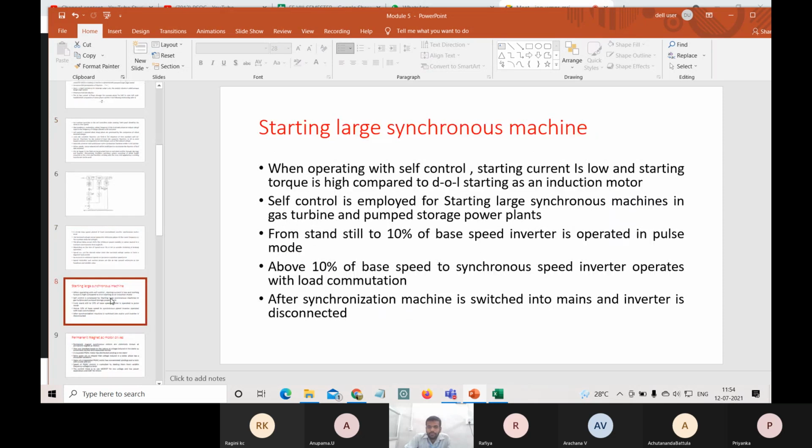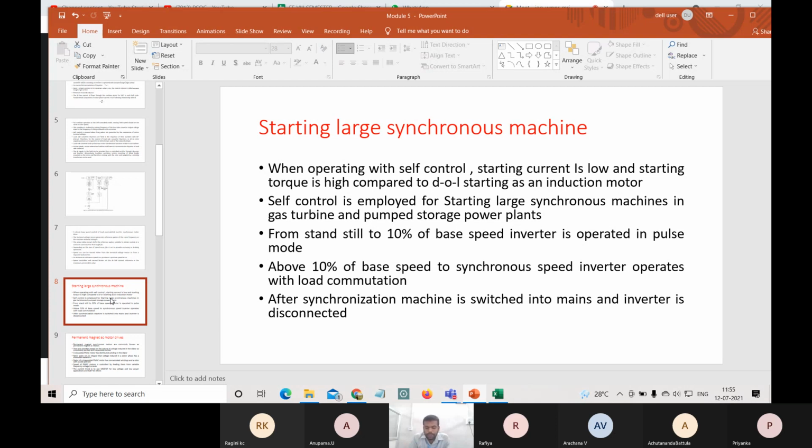From standstill to 10% of base speed. Standstill is nothing but the motor being at rest. From the rest position to 10% of the base speed, the inverter is operated in pulse mode.